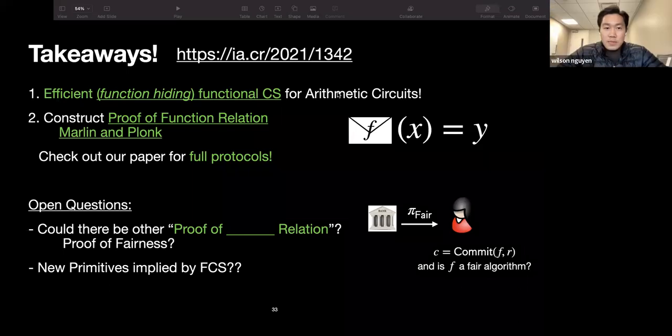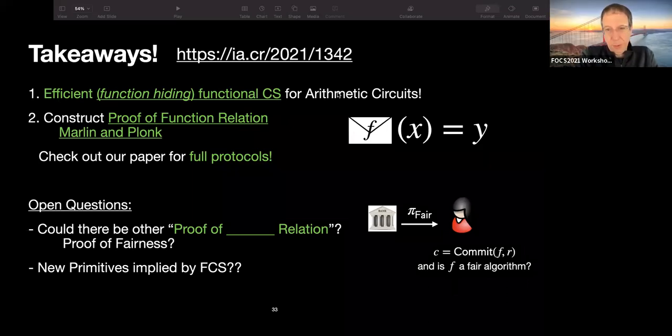So as of now, these techniques are very particular to how the pre-processing SNARKs encode their circuits or their relations as polynomials. And so for different pre-processing SNARKs that target potentially different relations or different encodings, you have to tailor the proof right now to the particular relation, but maybe there is some type of generic proof of function relation that doesn't use the encoding protocol in a non-black-box way.